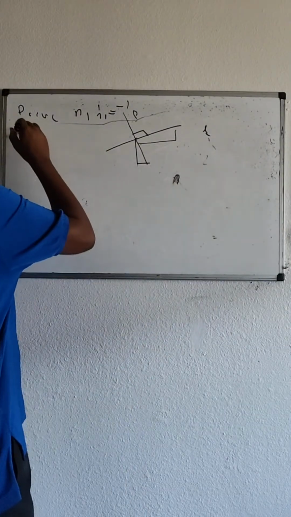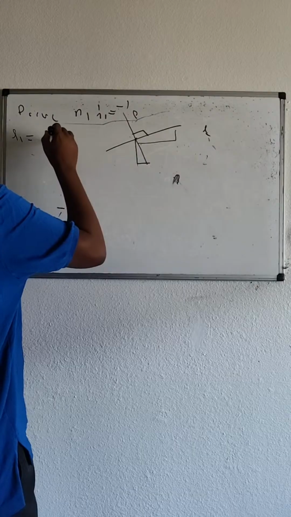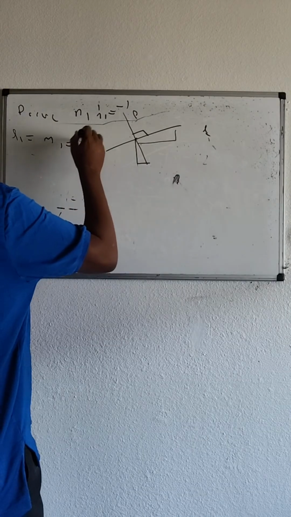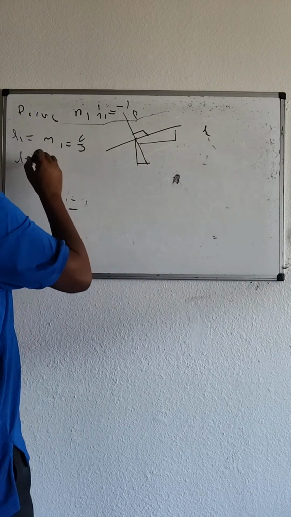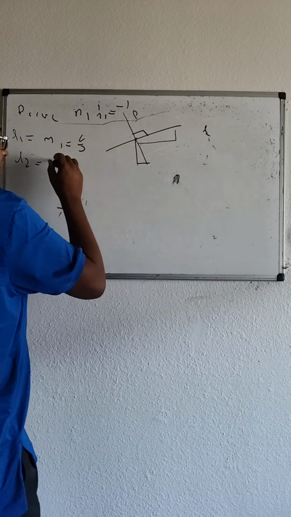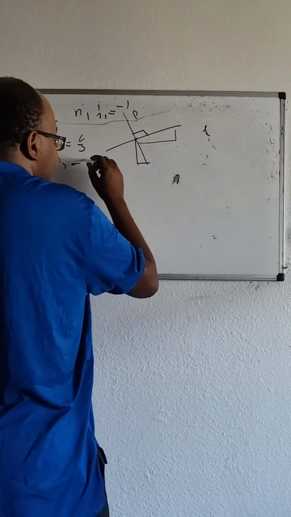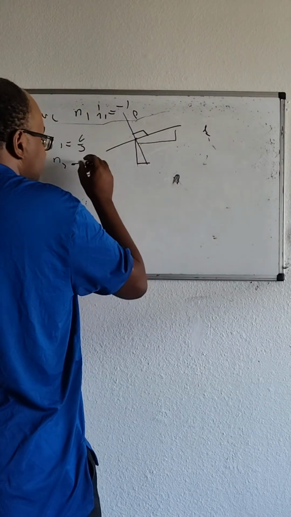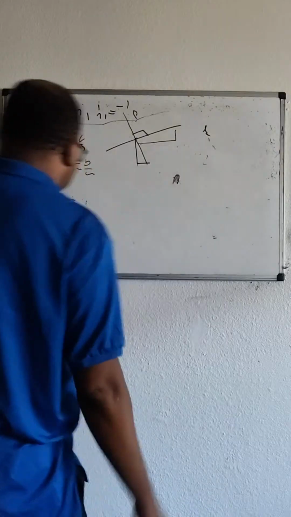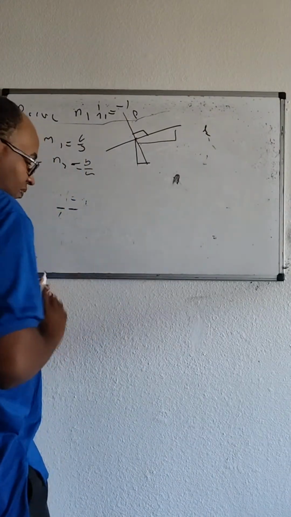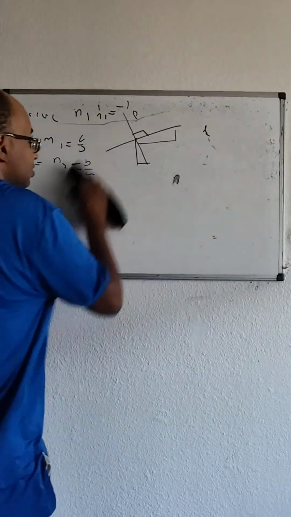So for the L1 case, we'll say M1 equals A over B. For the L2 case, we'll say M2 is equal to B over A with the negative attached to it. Let me redraw that.